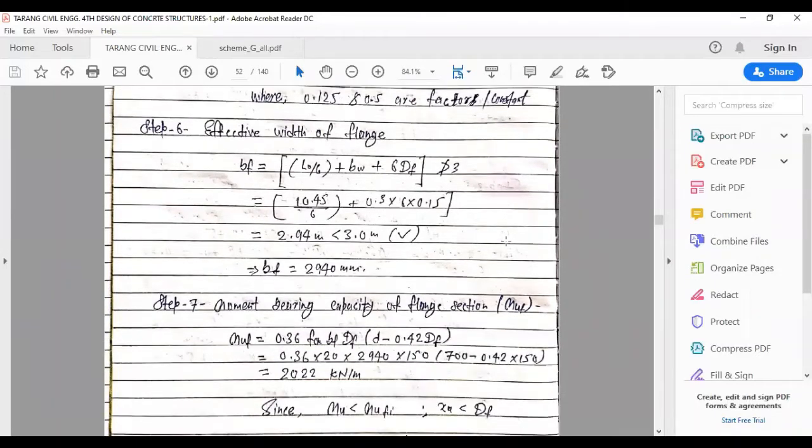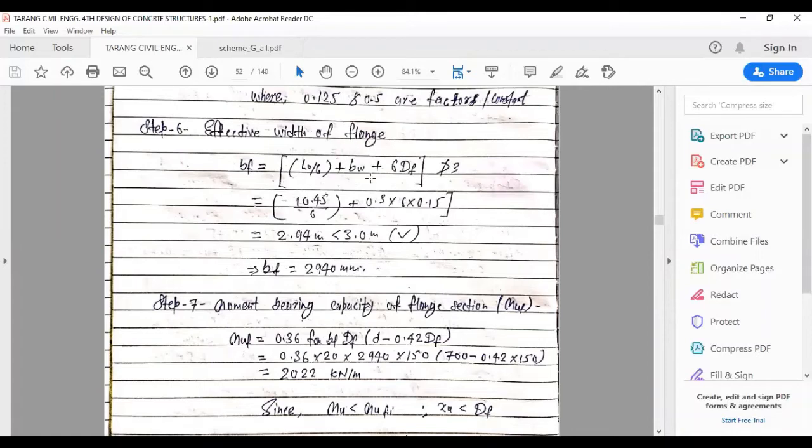So next step is to find the effective width of flange. So breadth of flange, that is width of flange, is given by L0 upon 6. We have learned this formula in the previous lectures, plus breadth of web plus 6 times depth of flange, and which should not be greater than 3. So we know L0 as 10.45, it's divided by 6.